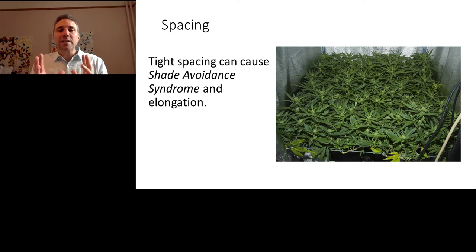That's interesting because when we pack plants together, the leaves from one plant create shade on the leaves of another plant. It changes the spectrum of light that's hitting the leaves of the shaded plants, which triggers a mechanism in the plant we call shade avoidance syndrome.